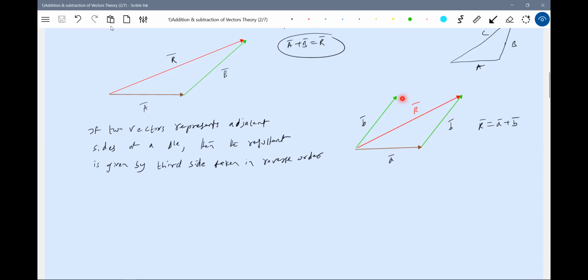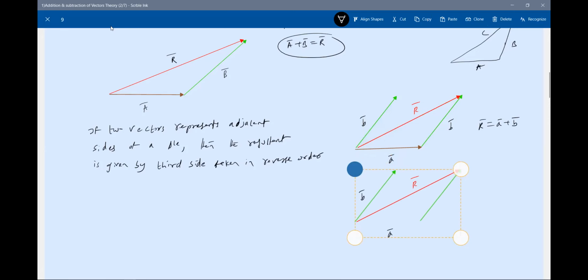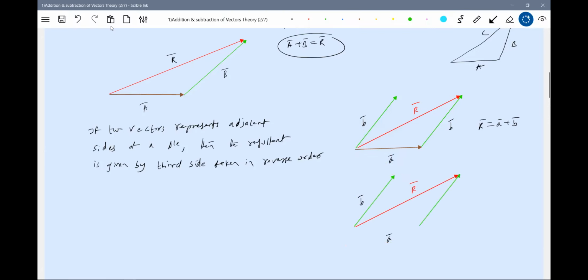Now let me shift this one here. So if I shift this, I think I need only, no, this was the vector a bar.